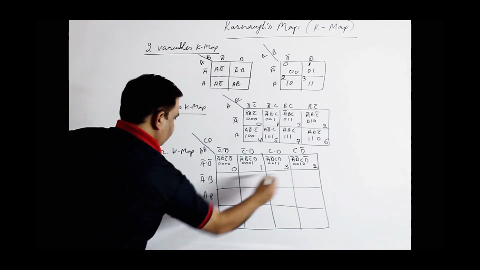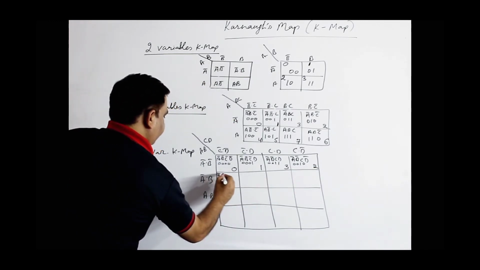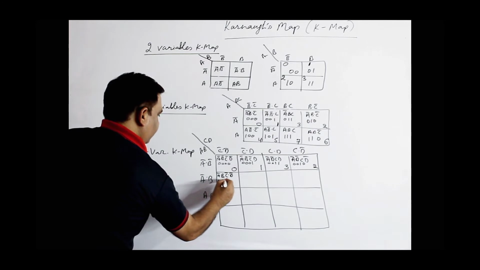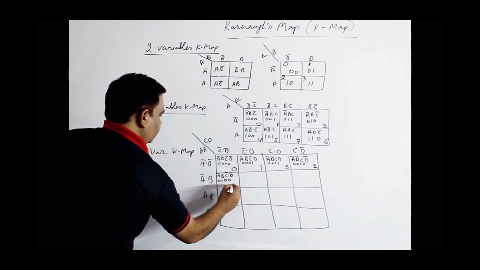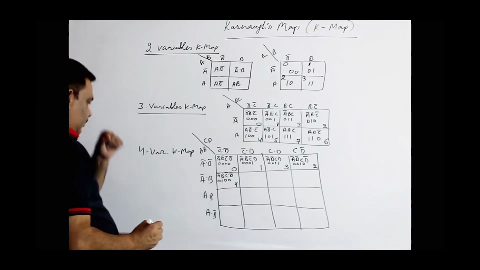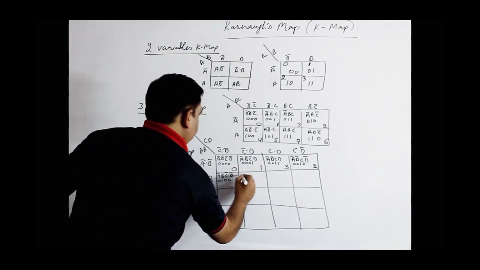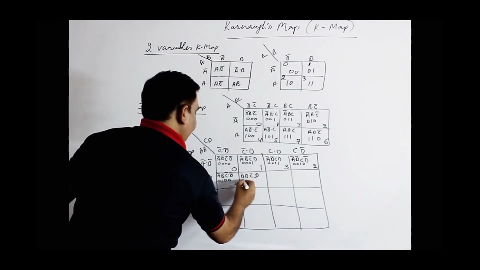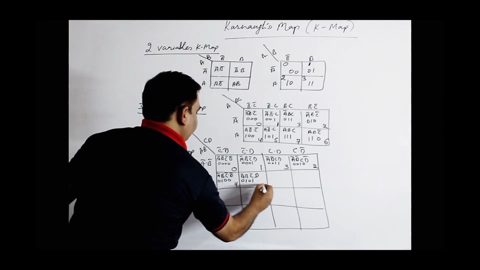Next row, for this A complement, B, C complement, D complement from here. So, you can write 0, 1, 0, 0, this is 4, binary is 100, decimal number is 4. A complement B, C complement D. Here you can write 0, 1, 0, 1, which is 5.